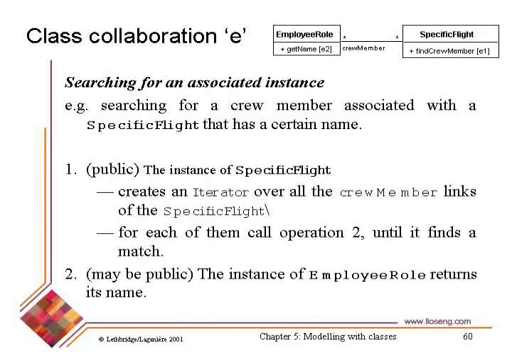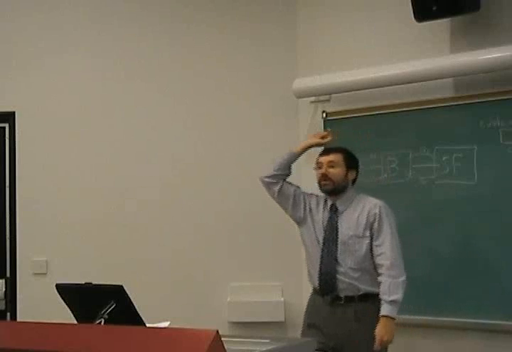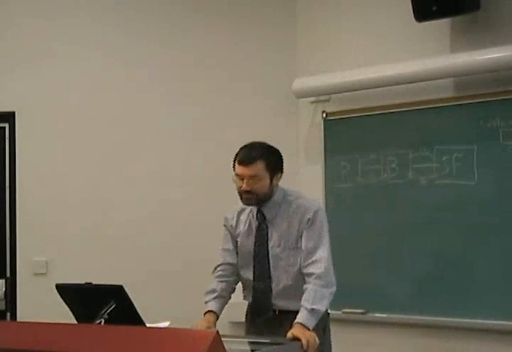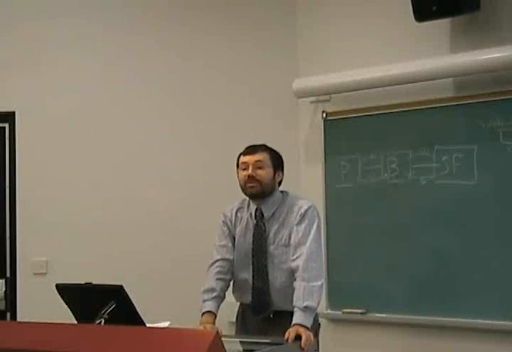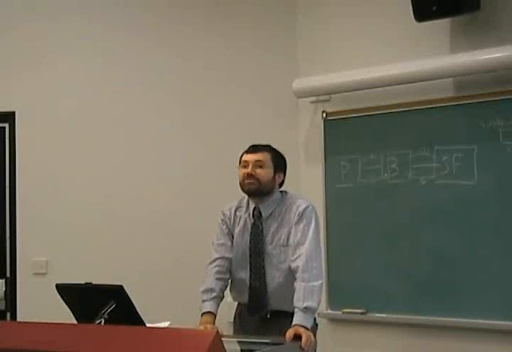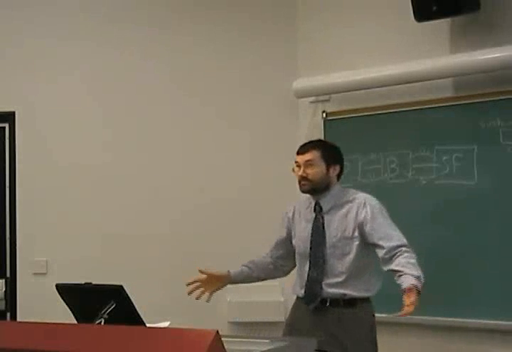The point is that it's calling get name. But now here's an exception. Get name is collaborating, but get name is also public, because get name can also be used in its own right. The user interface can call get name on an employee role in order to display the name. So we can have collaborating methods that are private and collaborating methods that also have responsibilities in their own right.